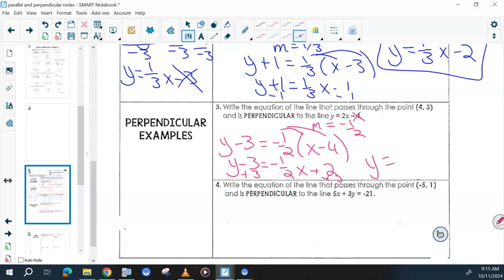And that final equation is negative 1/2 x plus y. Any questions on that one before we do this last one?